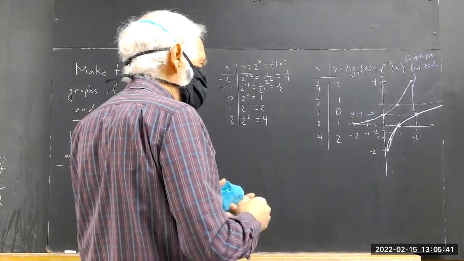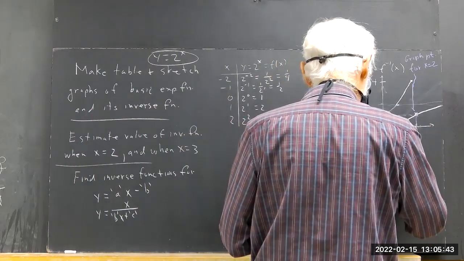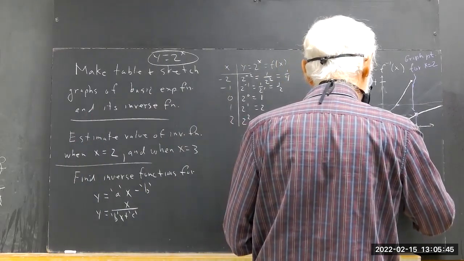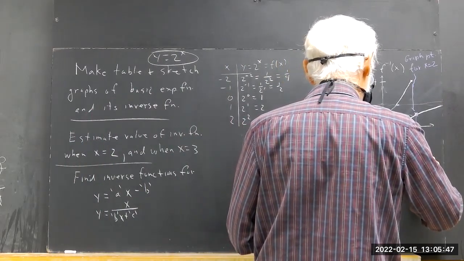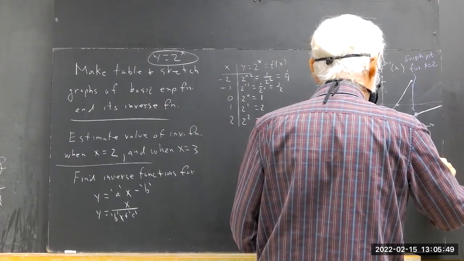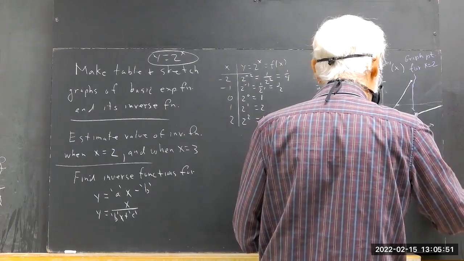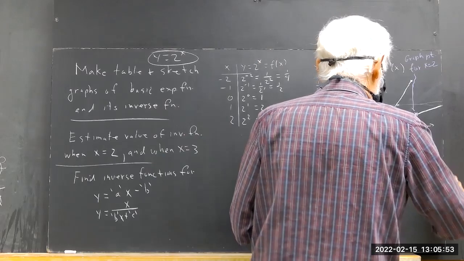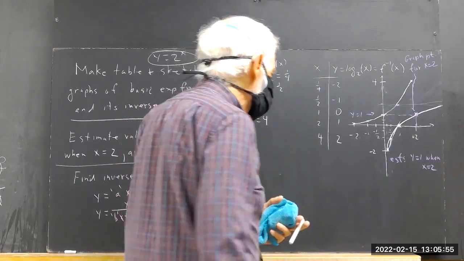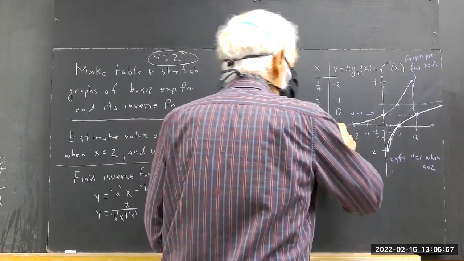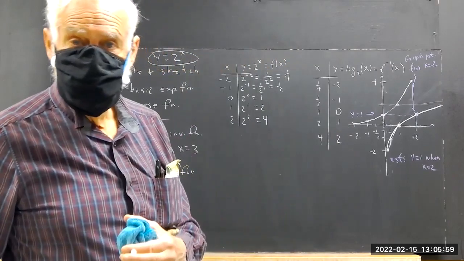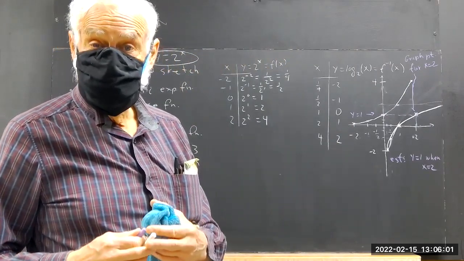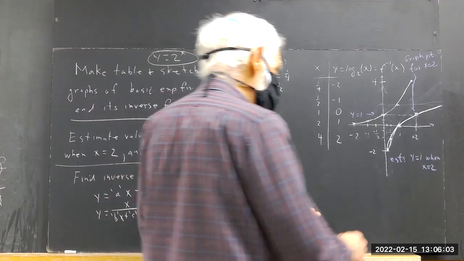So our estimate: y equals 1 when x equals 2, and that's actually the value in our table. So that's not even an estimate. This is actually accurate.